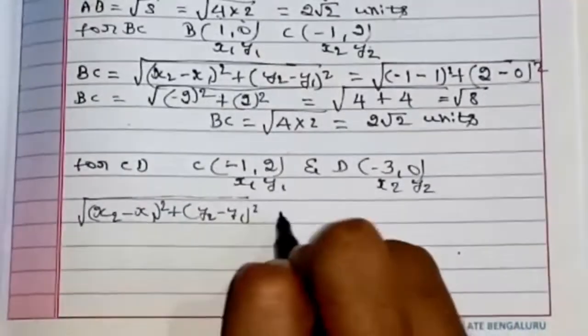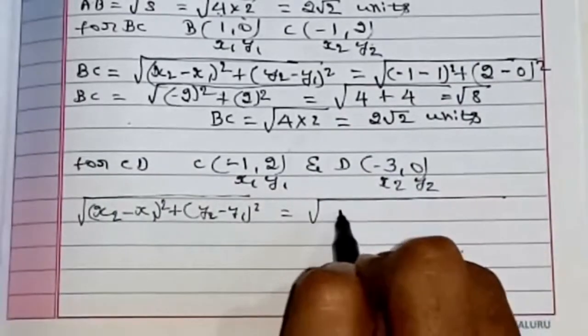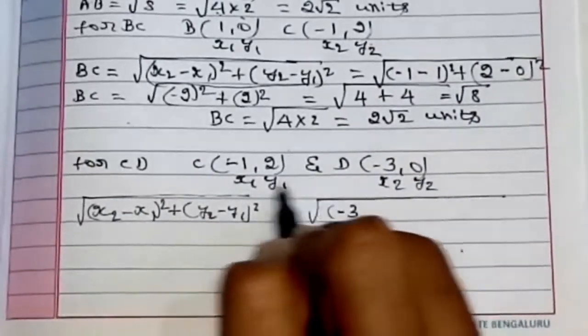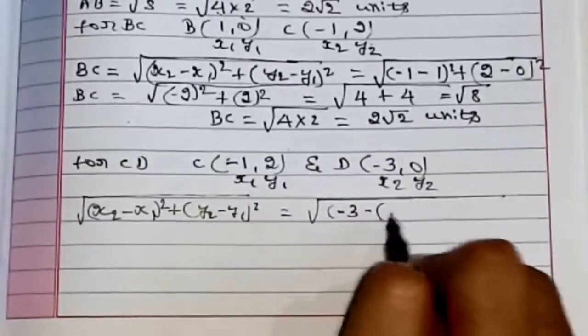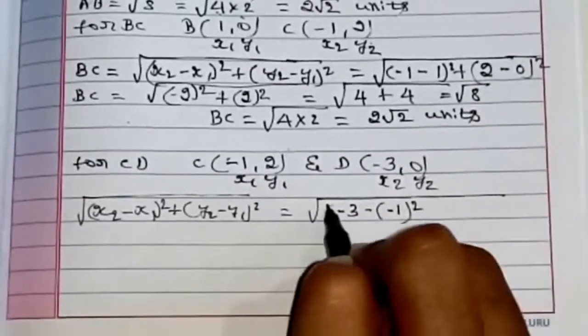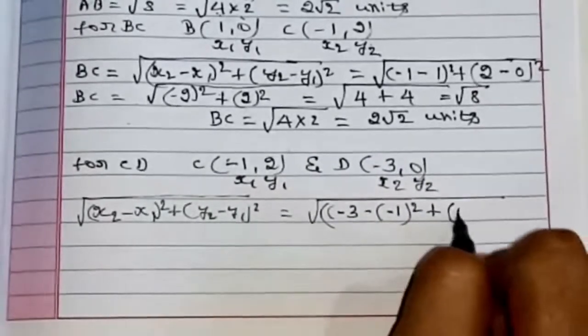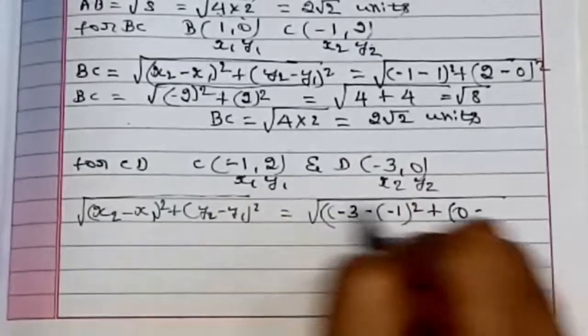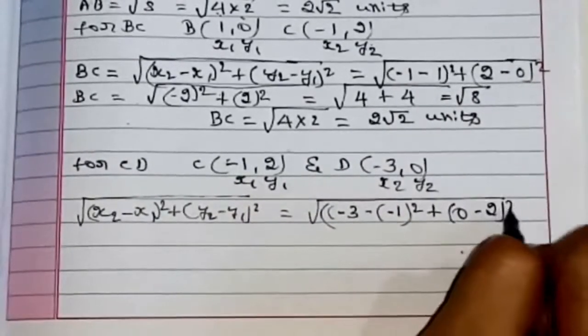So the distance is equal to the square root of (x2, which is minus 3, minus x1, which is minus 1, so minus of minus 1) whole square plus (y2, which is 0, minus y1, which is 2) whole square.